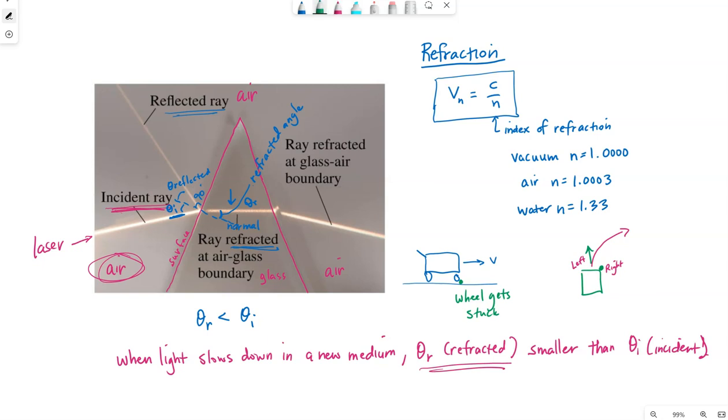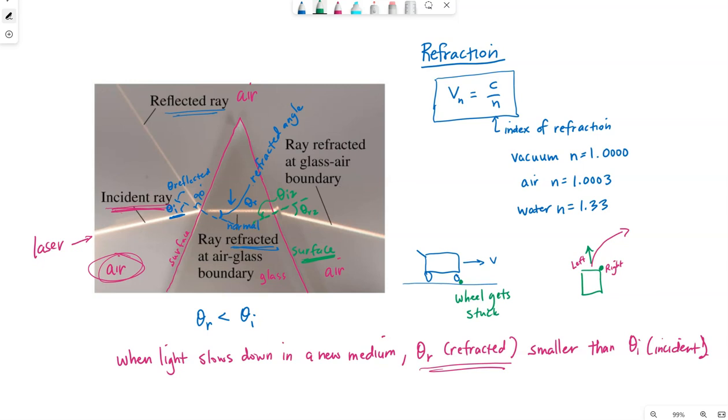Now notice at this other surface on the right, we have another surface here. If I draw a dotted line representing the normal, so perpendicular to the surface, our incident angle now, theta incident 2, is smaller than theta refracted 2. As the light ray goes back out into the air, that angle gets bigger.